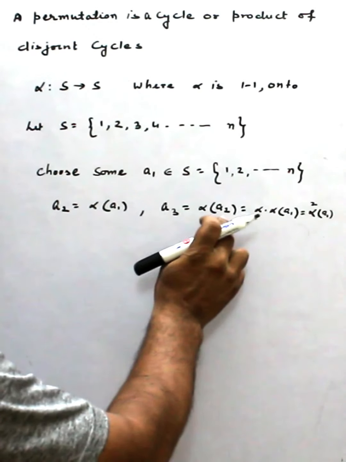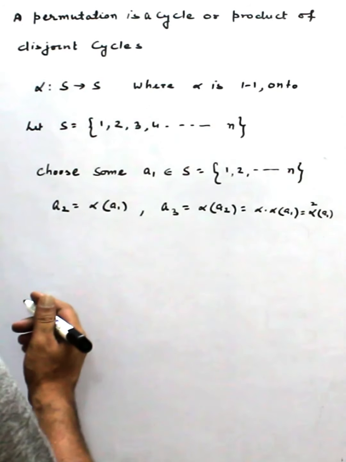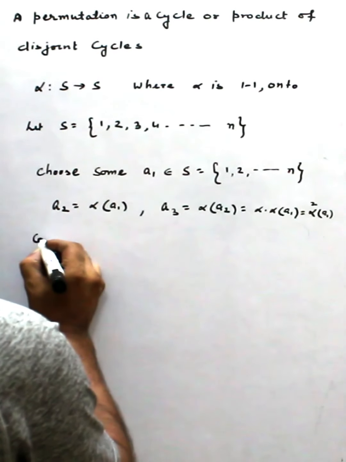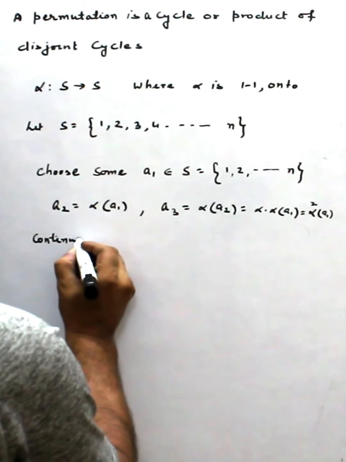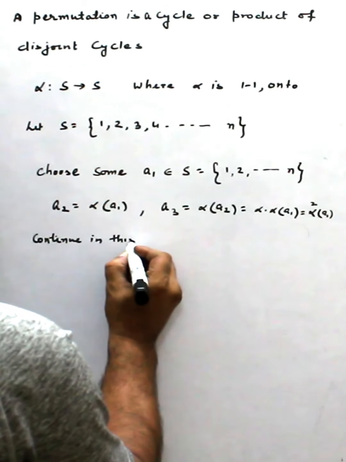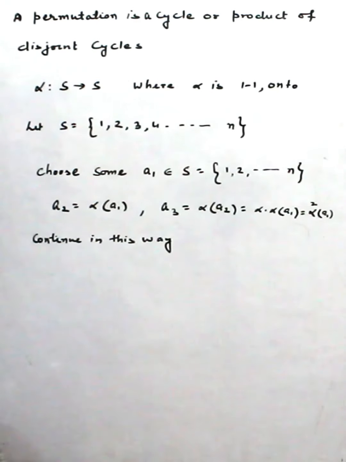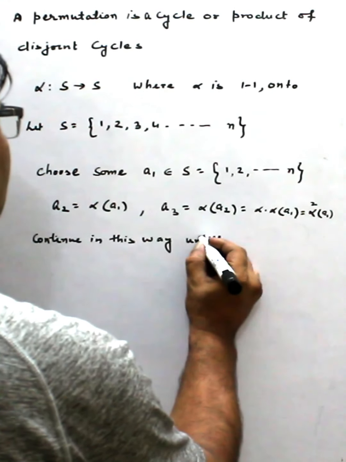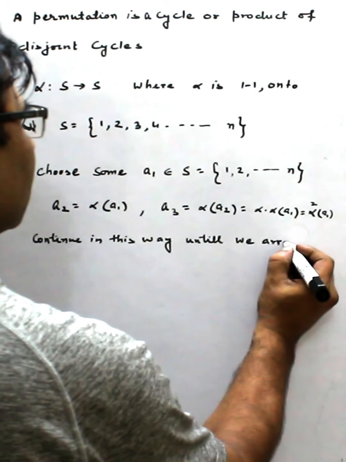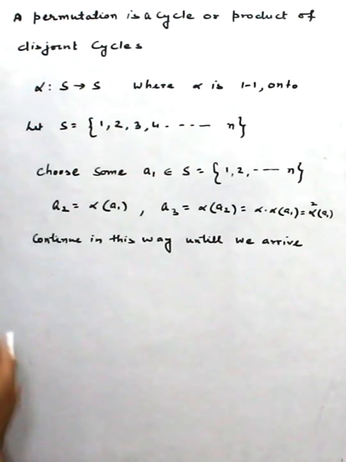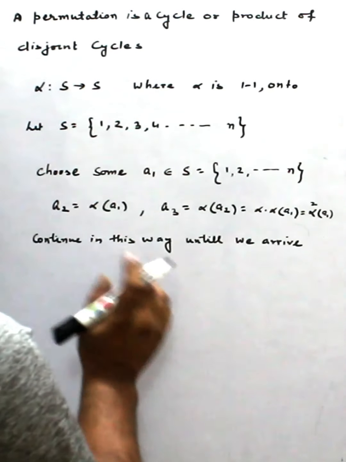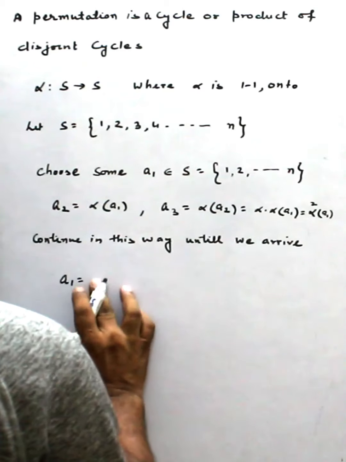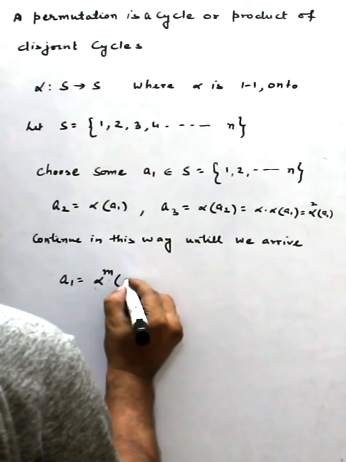Again, this A3 also has some image. That means if we continue in this way until we arrive back to the first element, that means A1 is equal to alpha m A1.